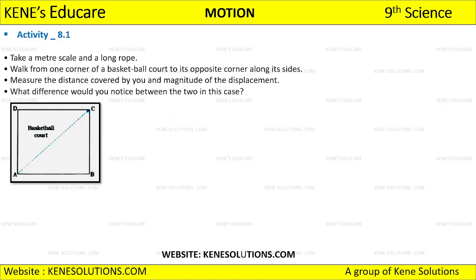Then we discussed this activity 8.1. So here you have to revise it such that you know the explanation, the observation, and the inference or conclusion for the activity. Okay?